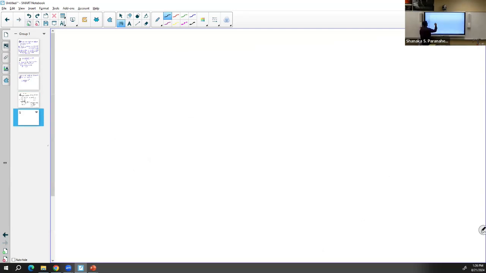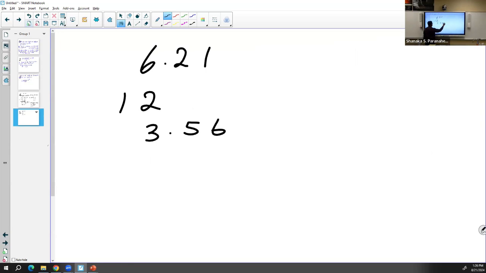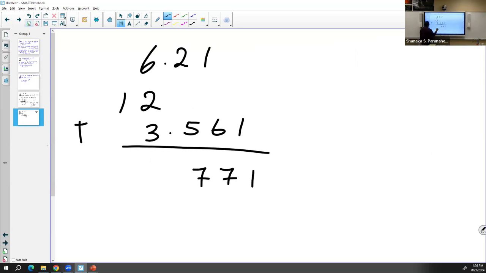Like this example: 6.21 plus 3.56 plus 1, plus 7, plus 7. 21.771 is the calculator display. There are no decimals, and accuracy is up to the ones place, so we round this number to the ones place. It's going to be 22.